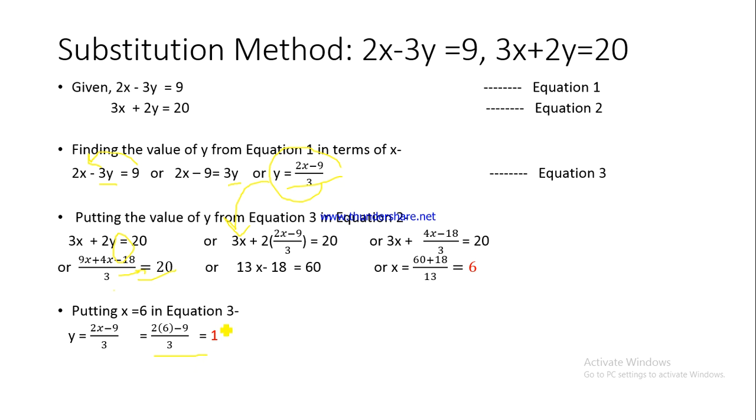So if I put x equal to 6 and y equal to 1 in this equation, 2x would become 12 and minus 3y would become minus 3. So 12 minus 3 is 9, which is equal to the right hand side term here, which means my answer was perfectly fine. It was correct. So this is how you also have to perform the verification once you have attempted the question.